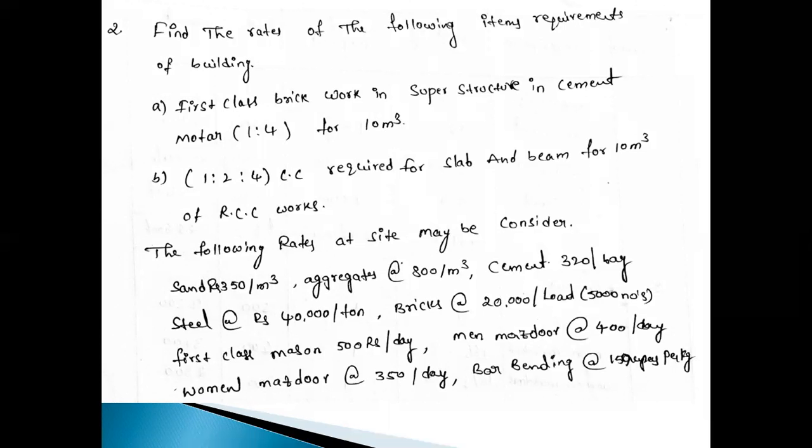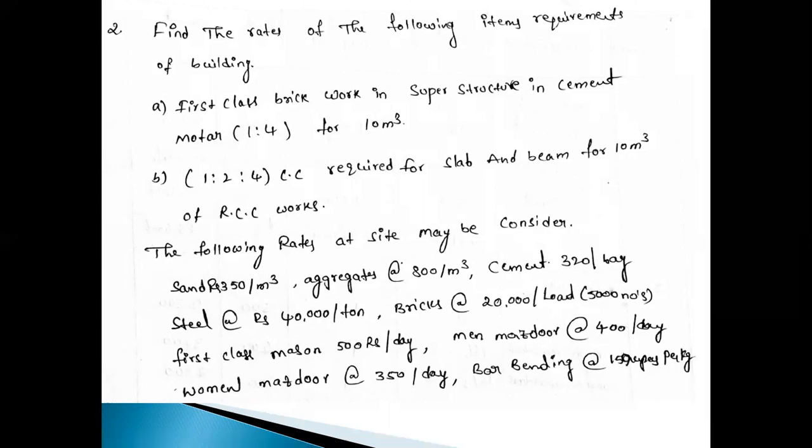So given the rates, the following rates at site may be considered: sand 350 rupees per cubic meter, aggregates 800 rupees per cubic meter, cement 320 rupees per bag. Next one, steel 40,000 per ton.